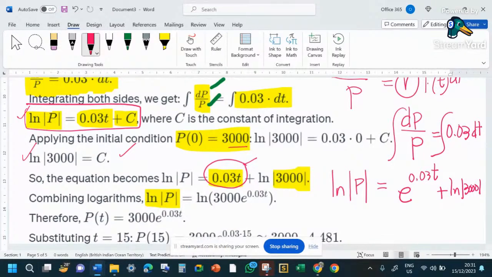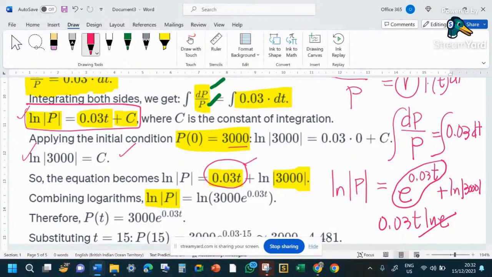And if the conversion is e to the power 0.03t, if you change that to a normal number, then this power becomes the coefficient of ln e, 0.03t ln e.